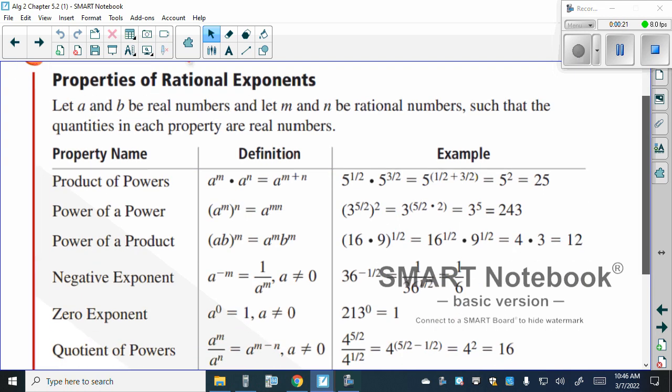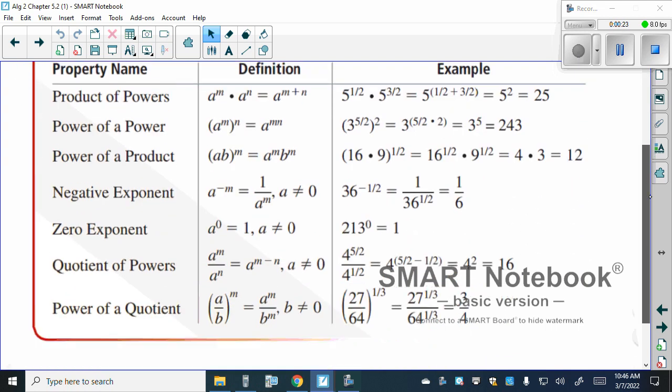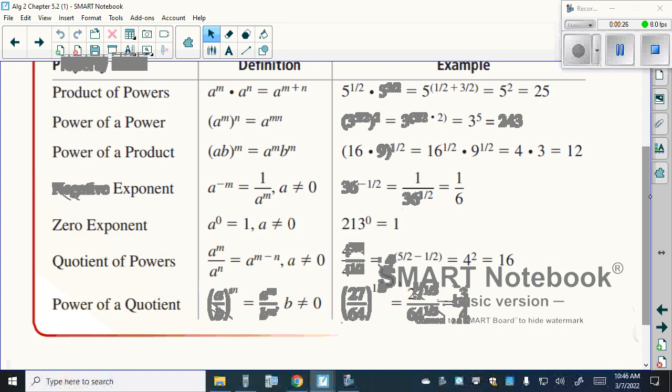All right. Now, what we're looking at today are a lot of the properties of exponents. And we do have several main properties here. You've worked with these before. Our product of powers: if we multiply like bases, we add the exponents.